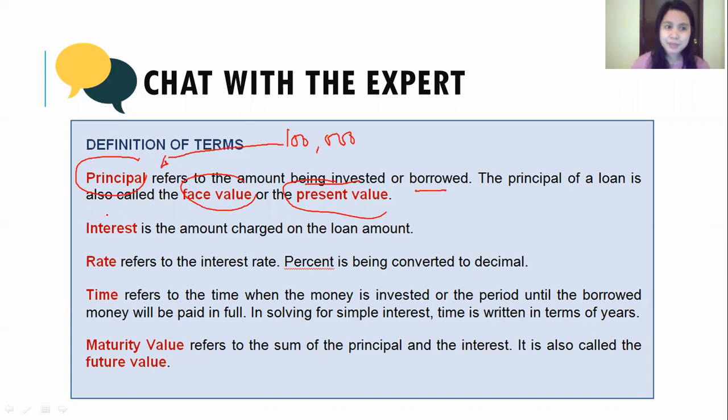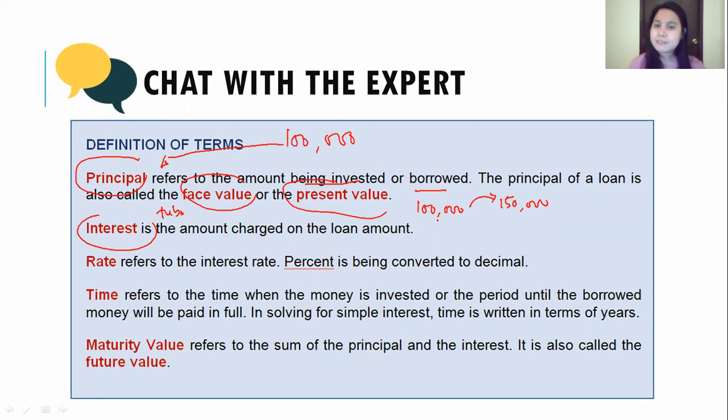The next term is interest. Interest is the tubo. It's not a percentage. It's the tubo. For example, if I will have 100,000 as my capital, and then later it will become 150,000, the 50,000 there, the difference, is called the interest.